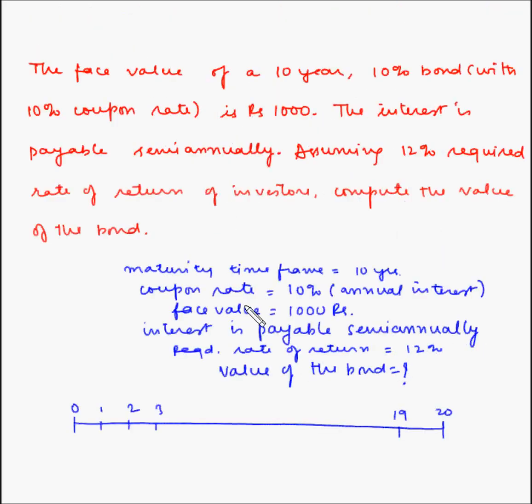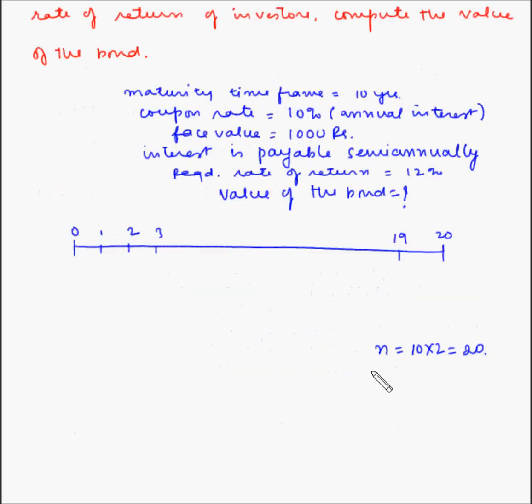Now the interest is paid on the face value. The annual interest is 10%. So half yearly or semi-annual interest will be half of this rate, which is 5%. So 5% of 1000 rupees is the interest which is going to be paid at the end of every 6 months. So interest becomes 5% of 1000.